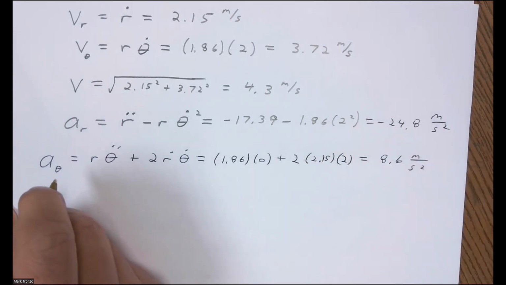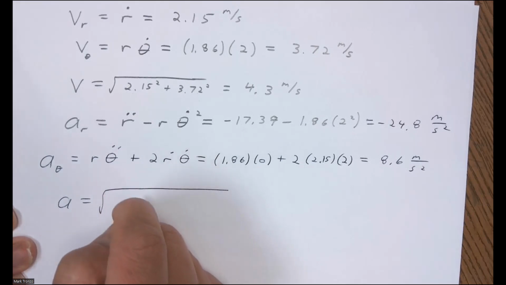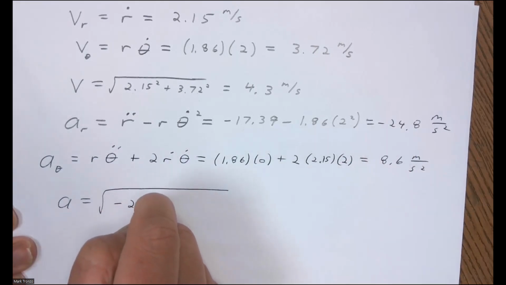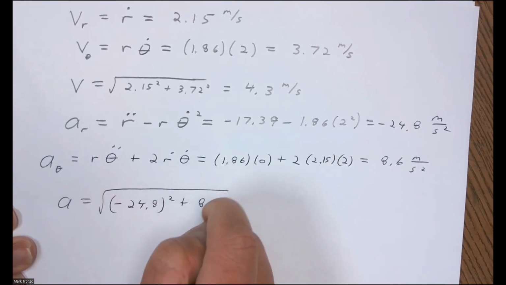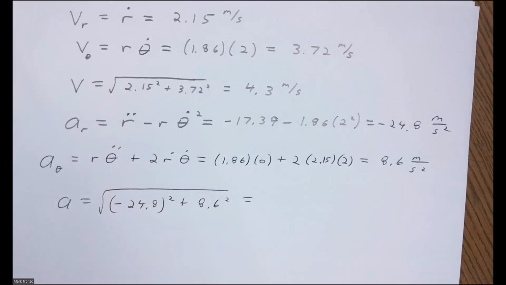Then a is going to be the square root of this one, 24.8 squared plus 8.6 squared. Put that in my calculator.